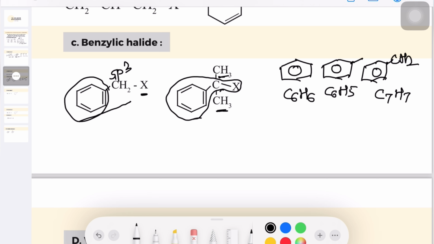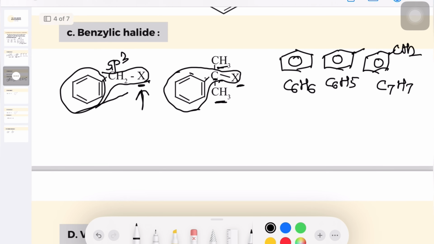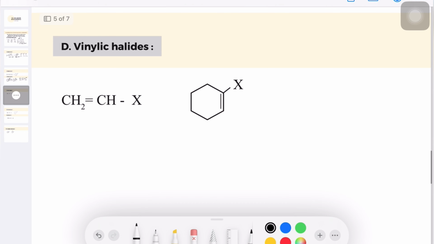This structure is also known as a benzylic halide. The halogen atom is attached to the sp3 carbon atom, which is attached to the aromatic ring. If X is bromine, then the compound name is benzylic bromide.